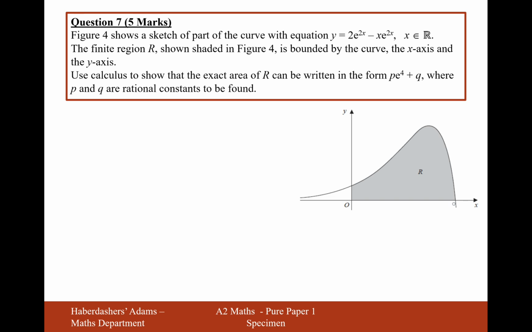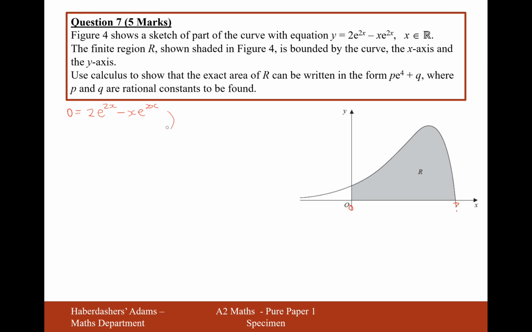Okay, first things first, I need to know what this value here is going to be. I know that the integral is going to be between 0 and something, but I don't know what that something is going to be. So the first thing I'll do then is set my equation equal to 0. So it's going to be 0 equals 2e to the 2x minus xe to the 2x.